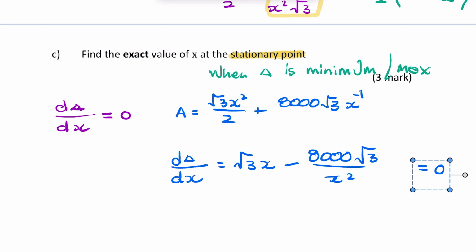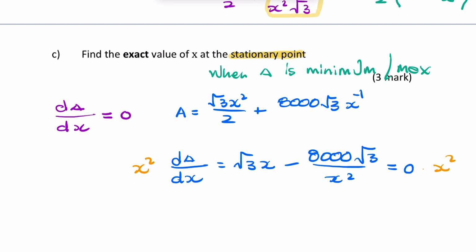So you need to get rid of the x squared in the denominator in order to be able to solve for x. So what you could do is multiply throughout by x squared. So you multiply the left side by x squared, multiply the right side by x squared.